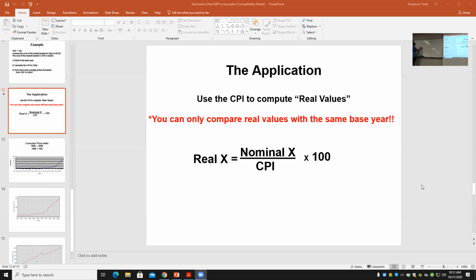I want you to calculate the real wage for 1964. I want you to compare that to the real wage in the year 2012. And then tell me, are we better off or are we worse off, and by how much?